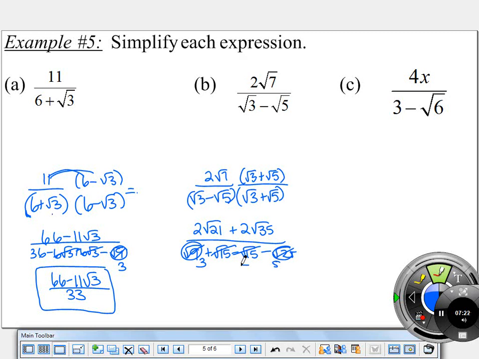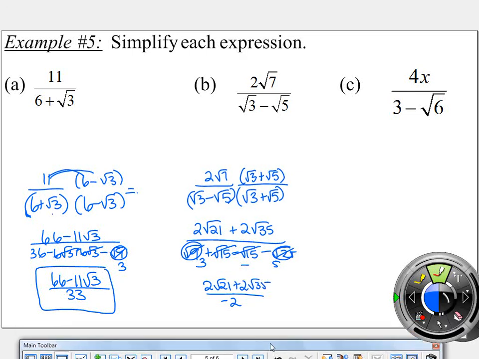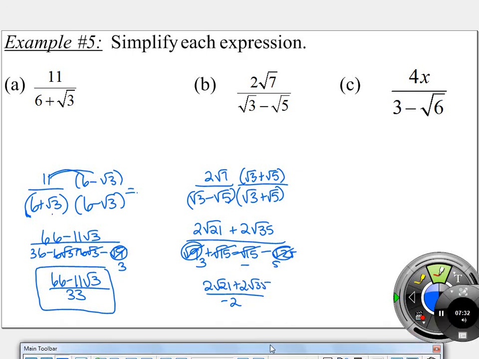So my denominator is really 3 minus 5, which is negative 2. And then notice that everything has a common factor of 2. So if you were to cancel that factor out, you'd have the square root of 21 plus the square root of 35 over 1. But you have to account for this negative, so I would make the whole thing negative. Or you could distribute it through. And then you'd have your result.